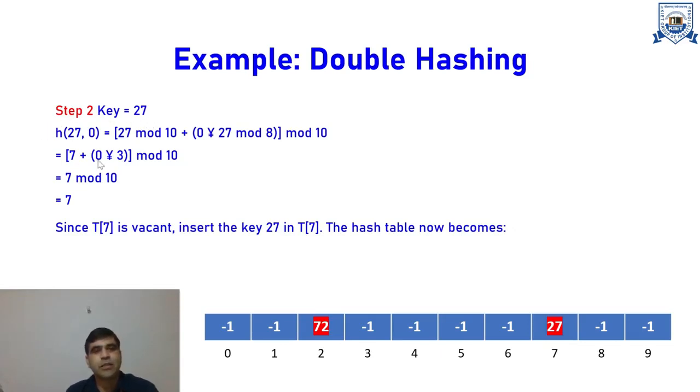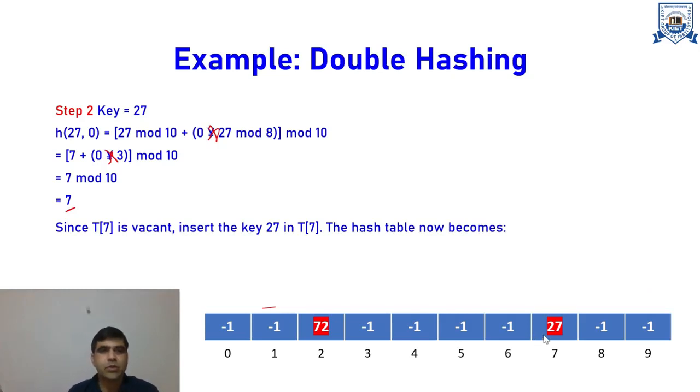So again we apply this to 27. This is multiply, this is also multiply. In this case it comes out to be 7. So the 7th index in our hash table is again empty.